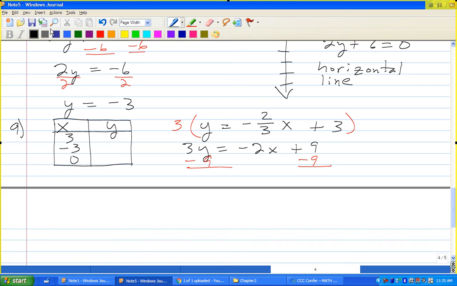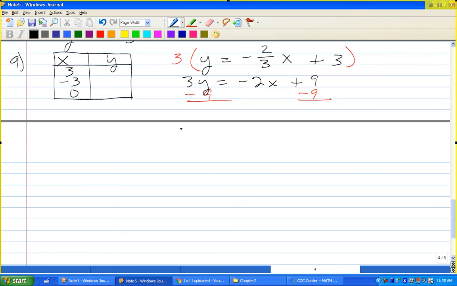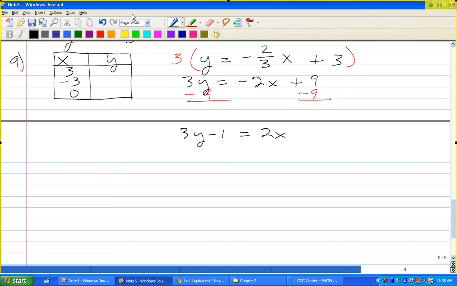So by the addition property of equality, I get that 3y minus 9 is equal to -2x. Divide both sides of the equation by -2. And so I get that x is equal to 3y divided by 2. Why am I solving for x?